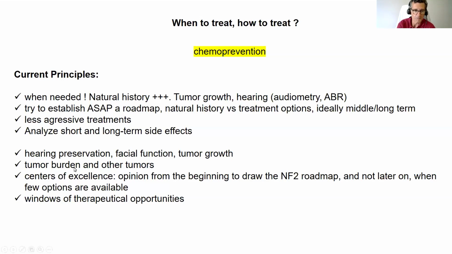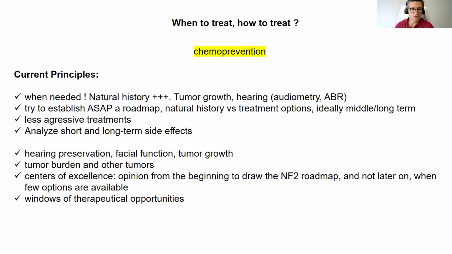in NF2 patients. We have to keep in mind tumor burden and other tumors, and centers of excellence. It's a difficult point. I think that my message is that the patient should have an opinion from the beginning to draw the NF2 roadmap, as I discussed before.